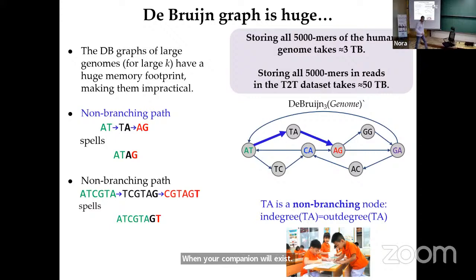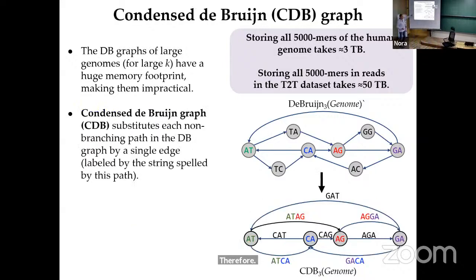Therefore, instead of this graph, we can generate a condensed de Bruijn graph that has exactly the same information, but represents every non-branching path as a single edge. We don't need to write TA here. We can write this, and TA can automatically be derived from this.